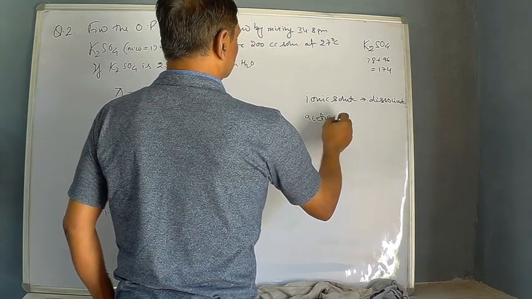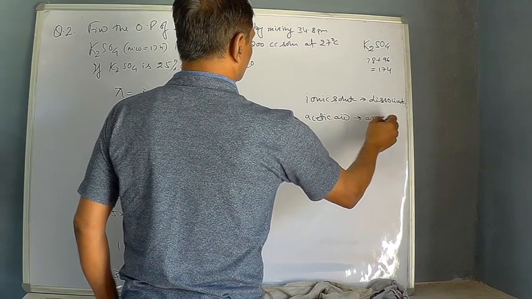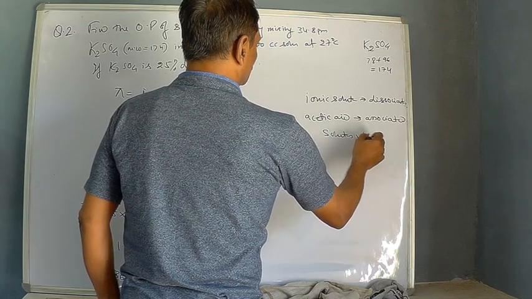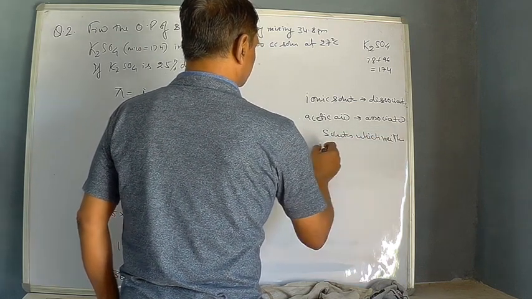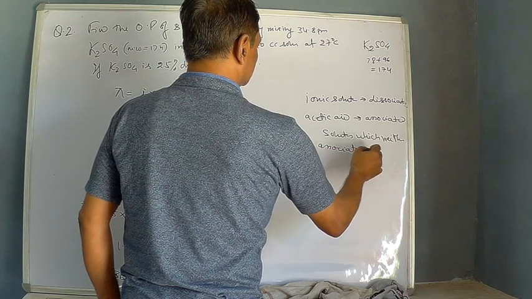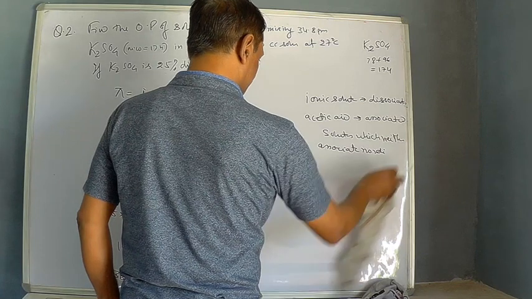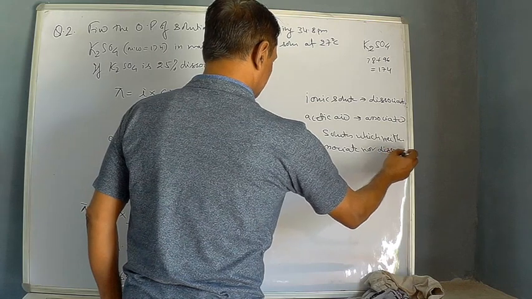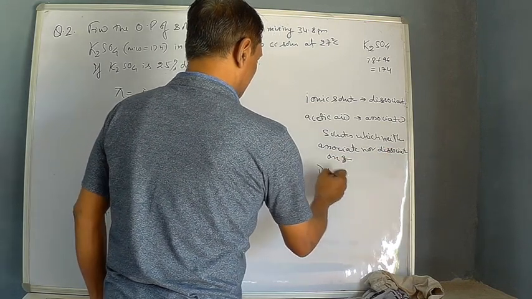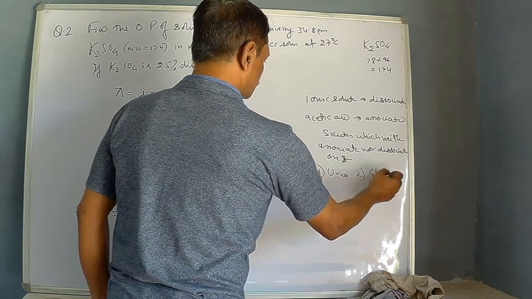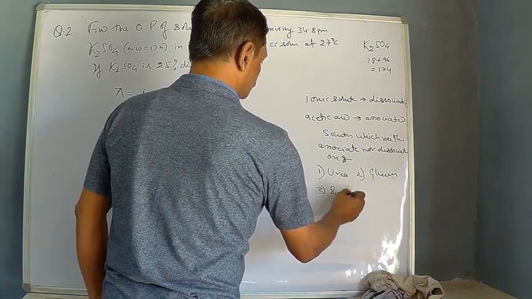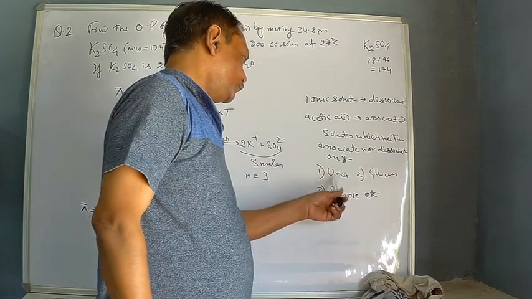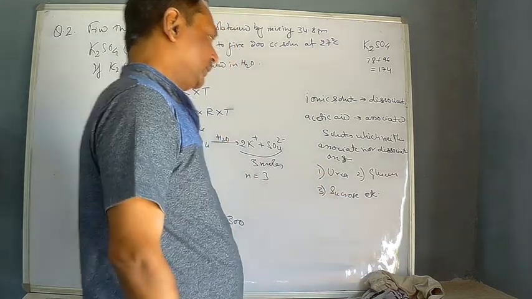Acetic acid associates. Solutes which neither associate nor dissociate are urea, glucose, sucrose, etc. So class, until now we have been doing numericals only on urea, glucose, sucrose, so we are not using van't Hoff factor.